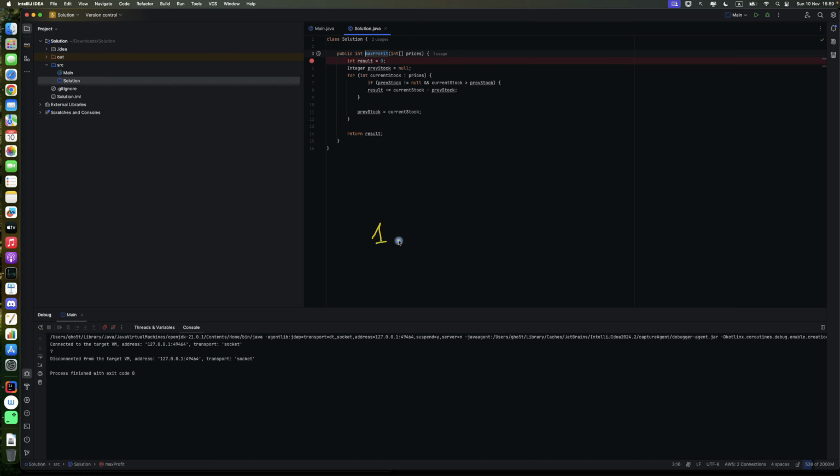If we have 1, 2, 3, 4, 5, 6, 7, 8, 9. Okay, we have this here. And they tell you again exactly the same description of the problem. And you can tell, hey, I will buy here and I will sell here. You can start thinking about this and you tell the output will be 8.